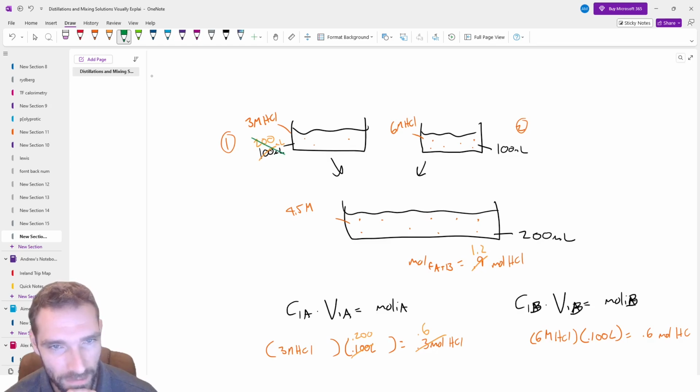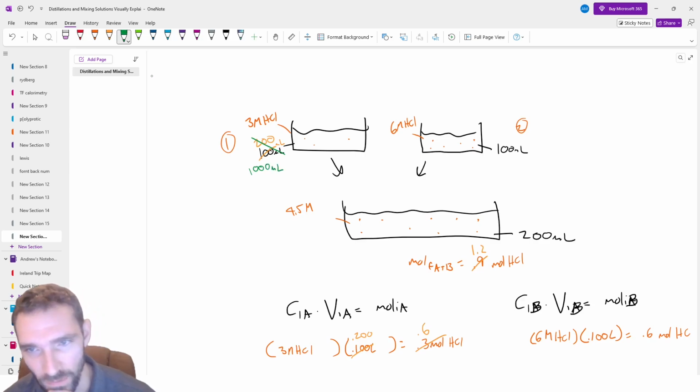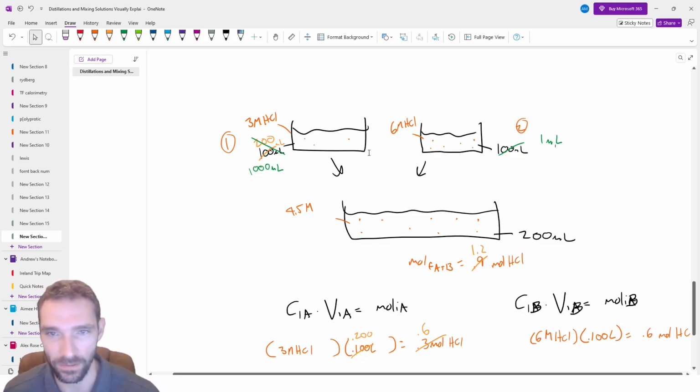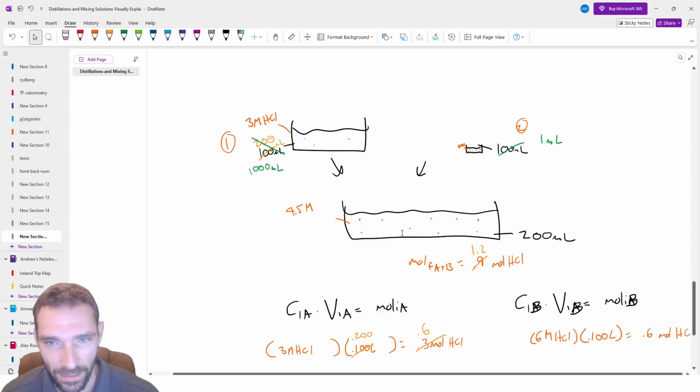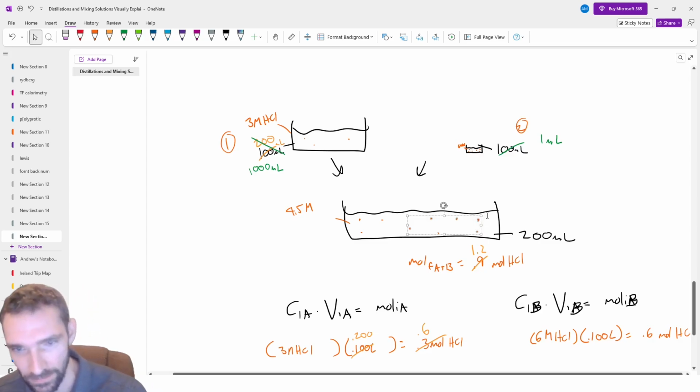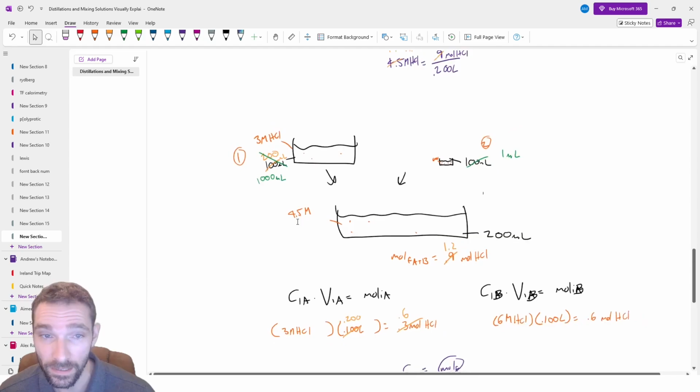So if I were to, instead of having 200 milliliters, let's say I've got 1000 milliliters, and I'm actually going to tweak this number to make this actually just 1 milliliter. So this is a very, very small amount of this stuff compared to that stuff. And the end result is that we're going to have something that's basically the same concentration as what we had originally.